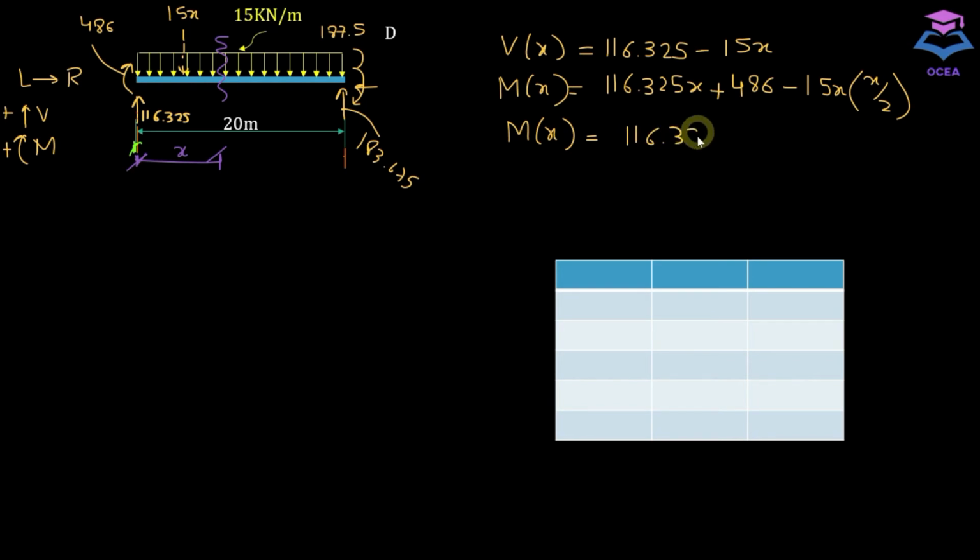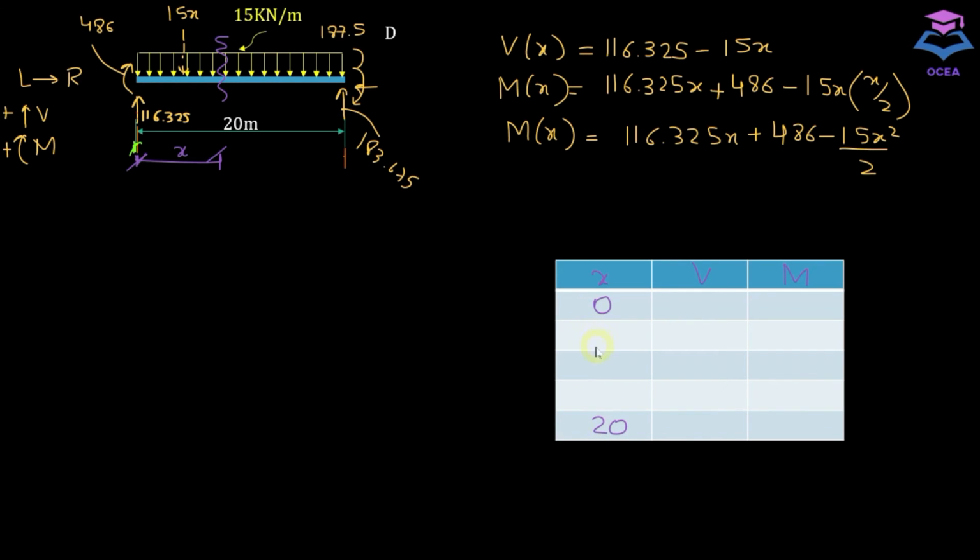we get, okay, now we are going to insert certain values of x to obtain different values of moment as well as shear. So we are going to use this table of x, V and M. So x is equal to 0 at this point, and the last value of x is going to be here, and it's going to be equal to 20 meters.